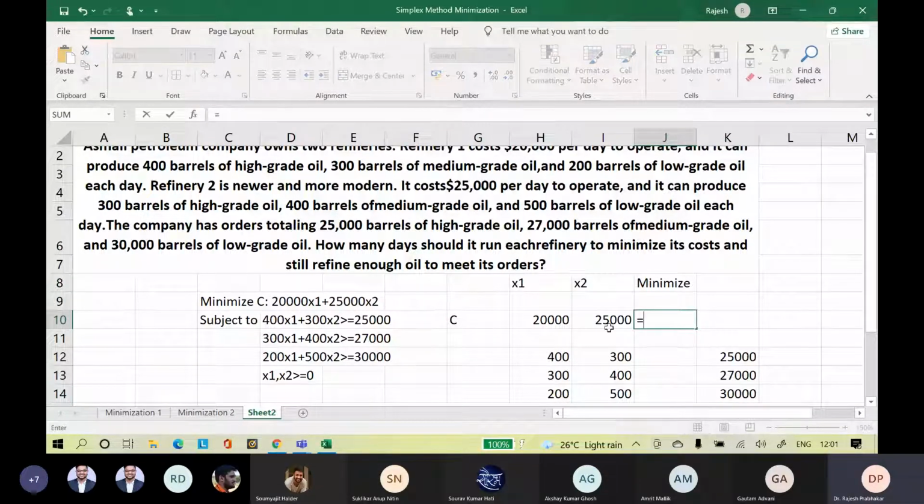So it is equal to this into this plus this into this.